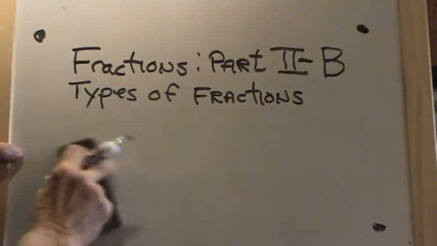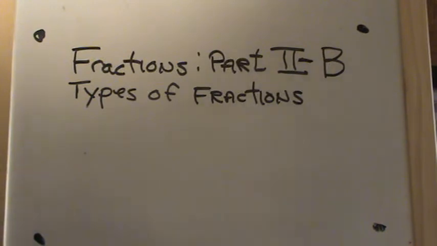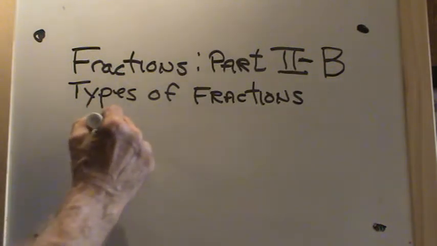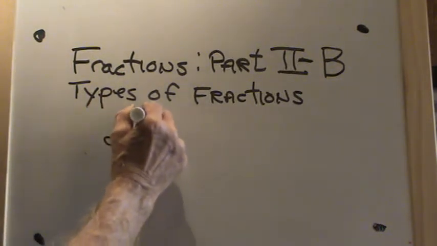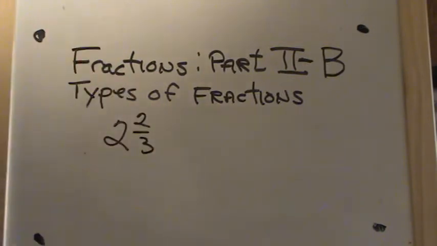So I'm going to put some examples up and let you work them. You can pause what's playing and work it in your notebook and then turn it on again. So let's try this. 2 and 2/3. So pause and go ahead and draw that either on a piece of paper or in your notebook and then turn it back on again. Okay, let's see.